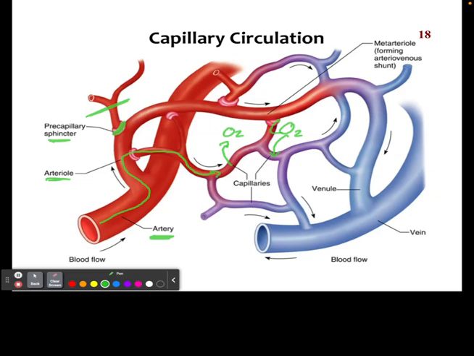Then that deoxygenated blood that has CO2 in it will continue through the capillaries until it becomes a venule, which is a really small vein. All those venules are going to come together into a vein. From there, the veins are going to continue until they get back to the heart. So, this is the whole hierarchy of the capillary circulation: artery to arteriole to capillary to venule to vein.